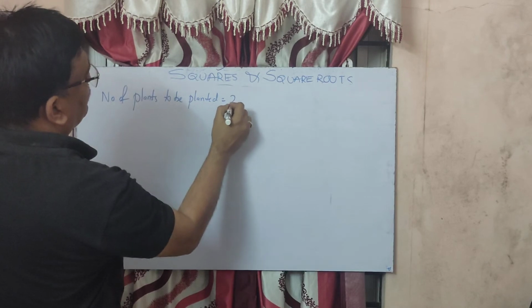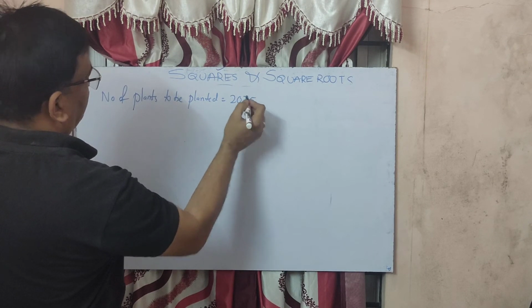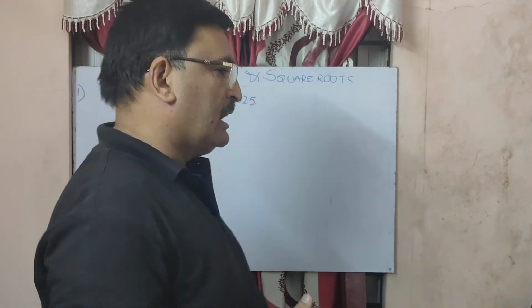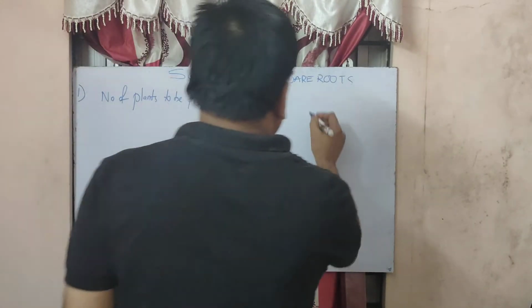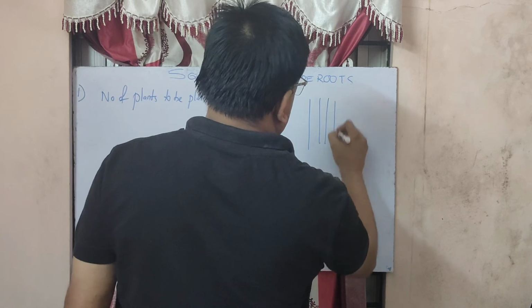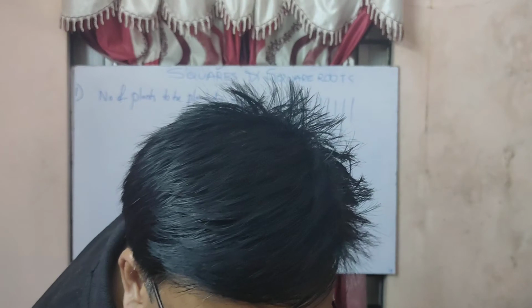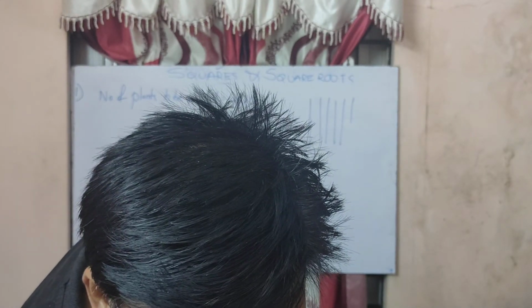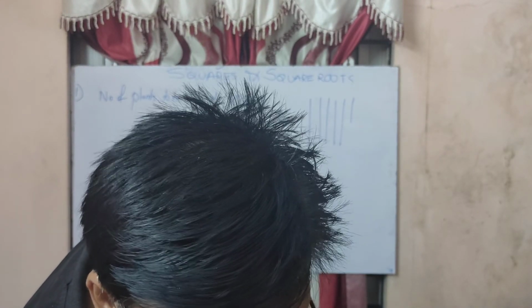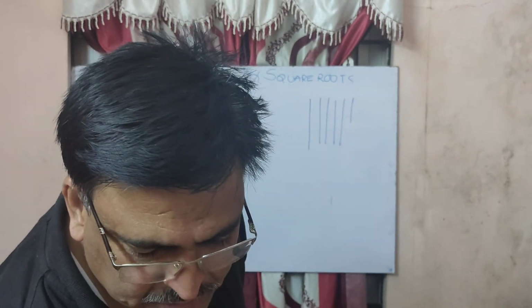And the important thing is how to plant them. See the number of rows. In such a way that each row contains as many plants as rows.